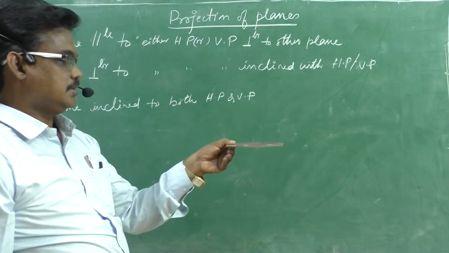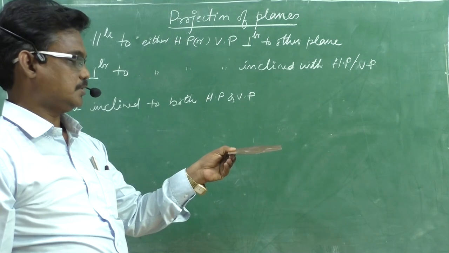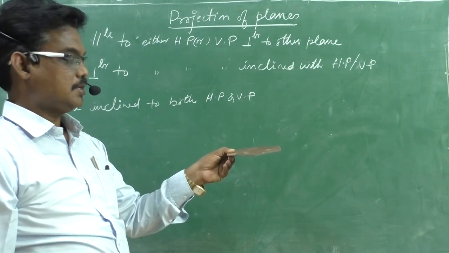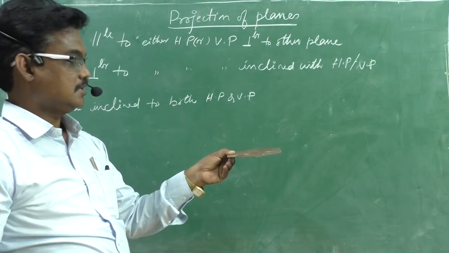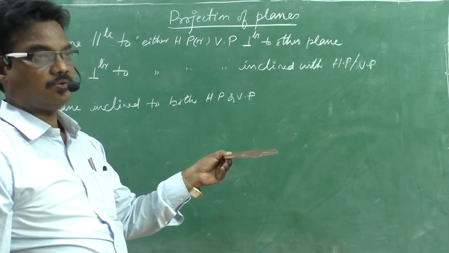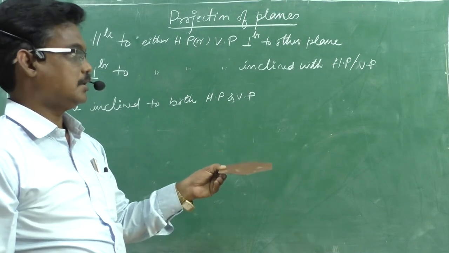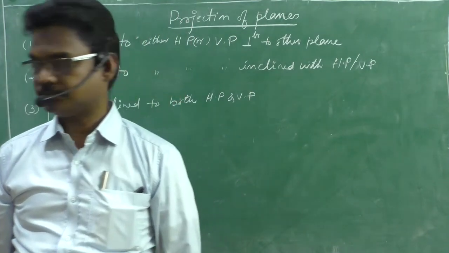Now see, if the plane is like this, parallel to HP and perpendicular to VP, in the top view, true dimensions, true angle of inclinations we can see. In the front view, a line we can see which is parallel to reference line. These things we need to remember while doing problems in the planes, right?